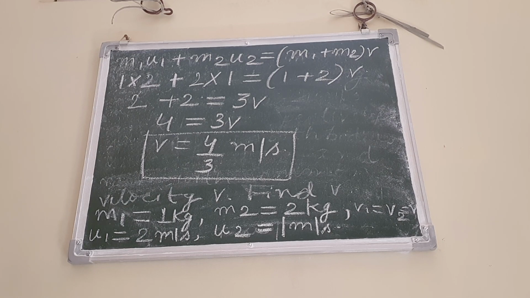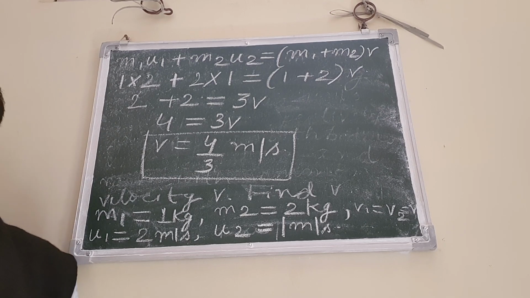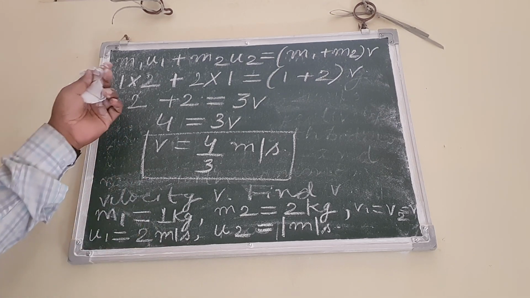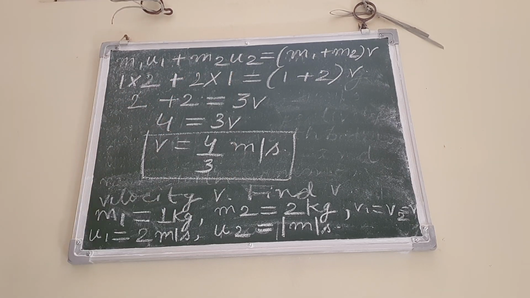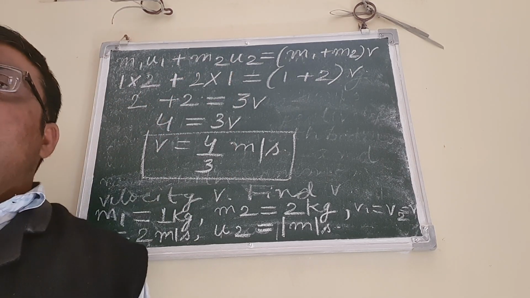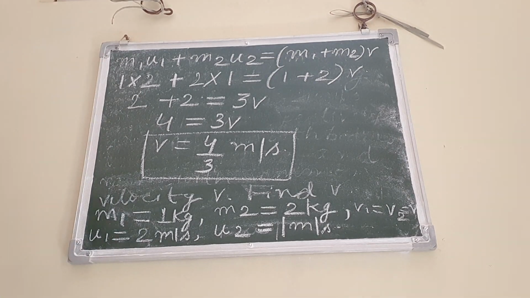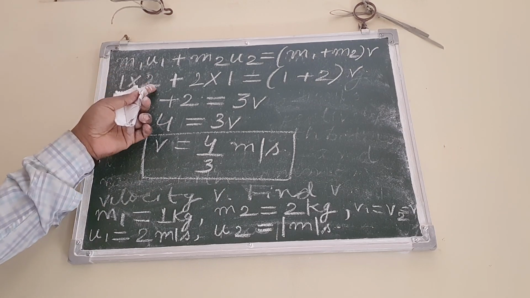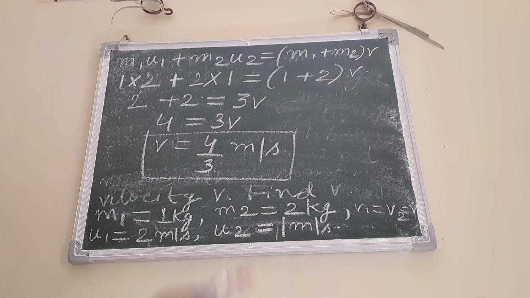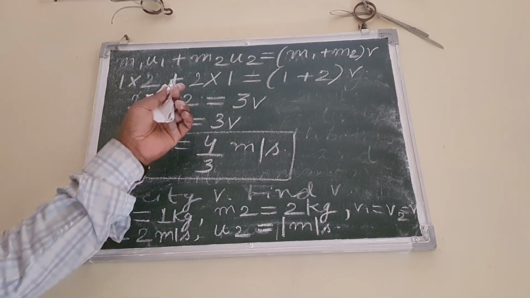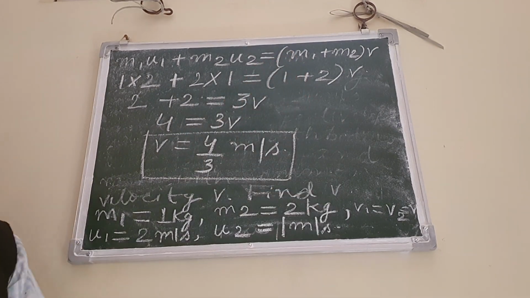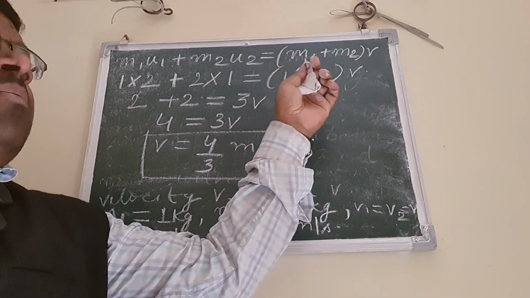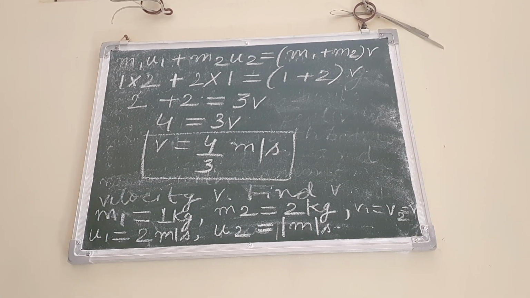We are going to understand this once more. According to the law of conservation of linear momentum, m1 u1 plus m2 u2 is equal to m1 plus m2 into v, because the two bodies have stuck together and are moving with the common velocity. Substituting the values, m1 is 1 kg, u1 is 2 meter per second, so 1 into 2, plus m2 is 2 kg and u2 is 1 meter per second, so 2 into 1, is equal to 1 plus 2 into v, where v is the final velocity.